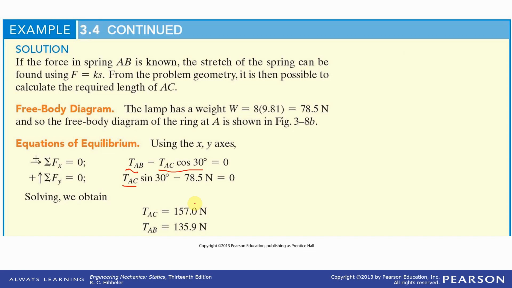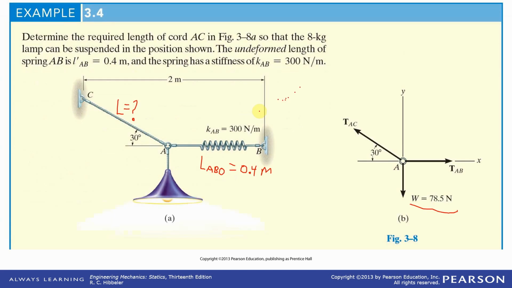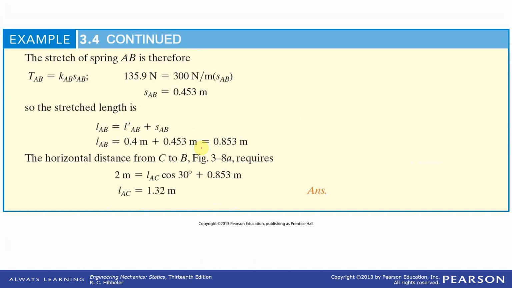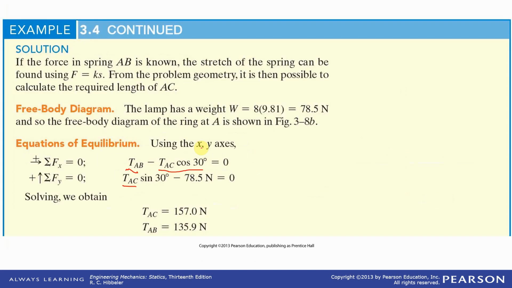Now, once we know T_AB, this free body diagram is the force acting on the ring. The force acting on the spring is in the opposite direction. Force acting on the ring this way, force acting on the spring this way. Okay. Let's see.